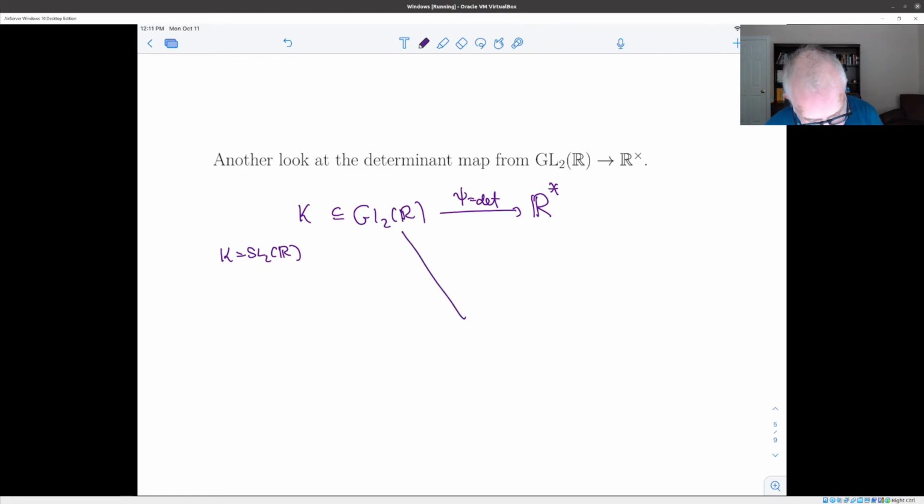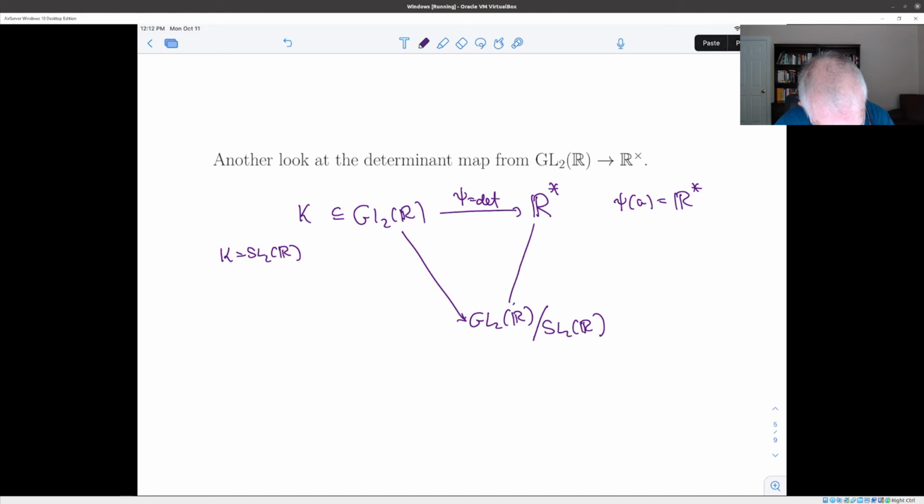So the map, which is the determinant, can be obtained by first mapping to the quotient group, and then remember that this map here is onto. So in fact, psi of G is R star because every possible determinant occurs. So therefore, there's an isomorphism between GL2R mod SL2R and R star.